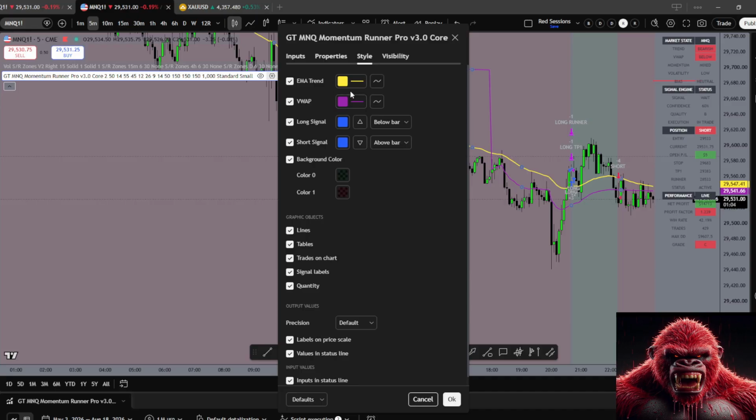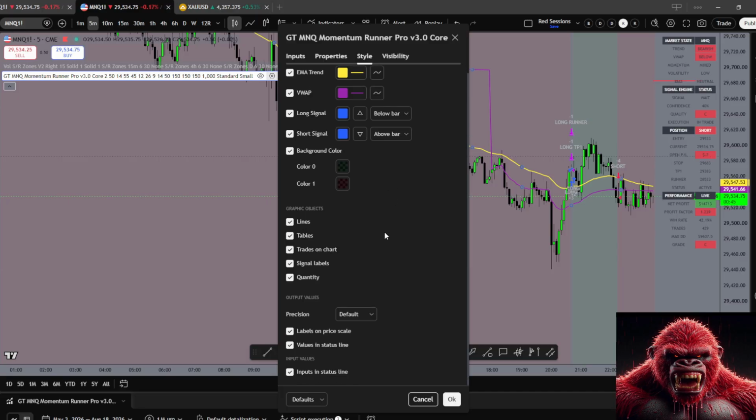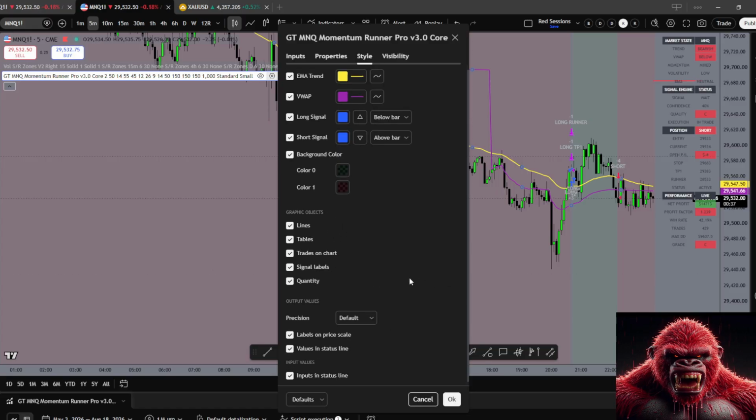So feel free to change those to whatever is going to differentiate things for you. It just makes more sense to me. If you want to leave it the same, that's your business, but I definitely recommend changing them. I think the thickness is already set properly, unless you want to change that. That can be your choice. I would leave the rest the way that they are on here.